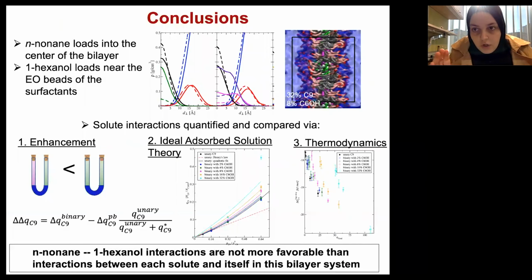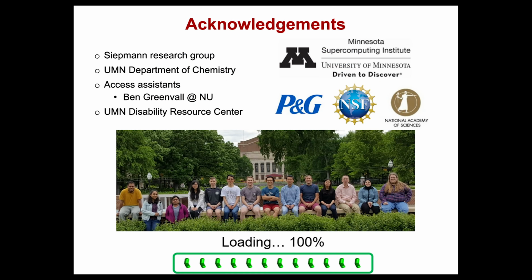So in conclusion, with these simulations, we were able to understand if there is actual enhancement when two different types of solutes were loaded into the surfactant bilayer. By initial glance, you might think there is, but we actually did the analysis and there really isn't. And with these simulations, we were able to see the structural impact we have on the bilayer. We were able to also obtain the free energy of transfer.